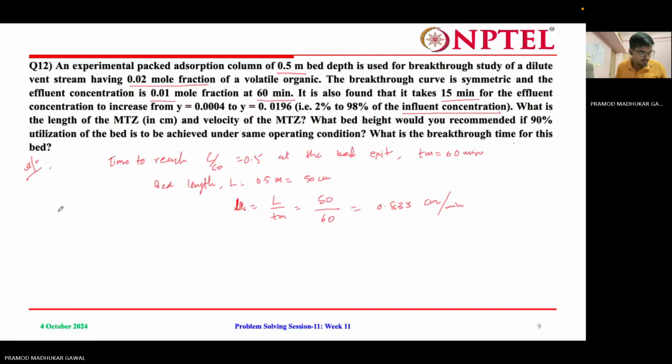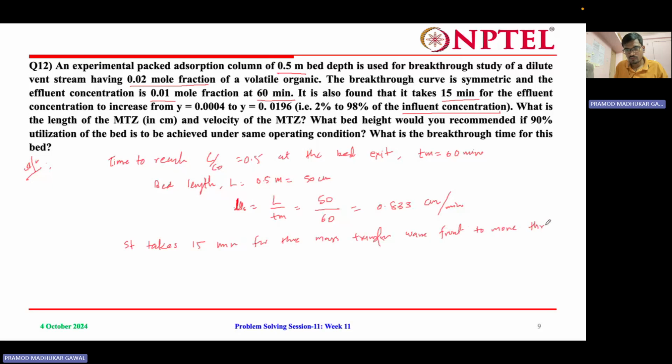Now it takes 15 minutes for the mass transfer wave front to move through its own length, taken as C by C naught equal to 0.02 to 0.9, right?